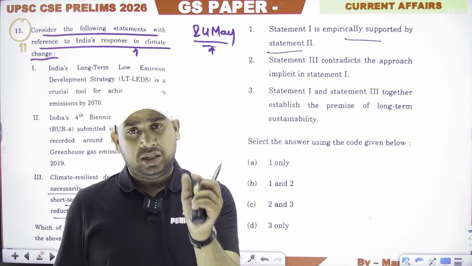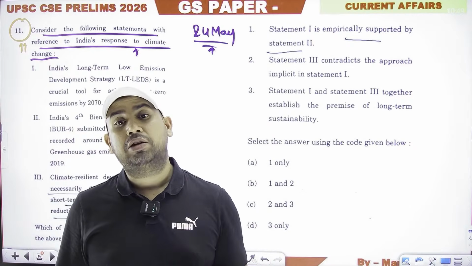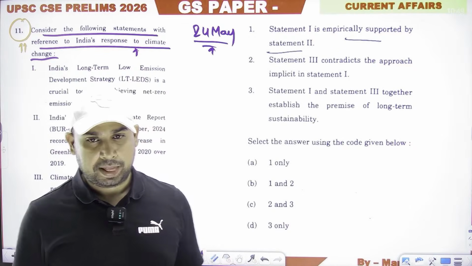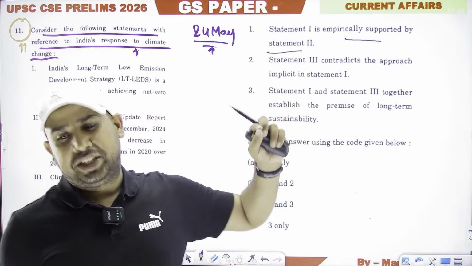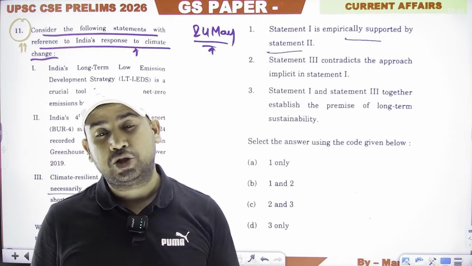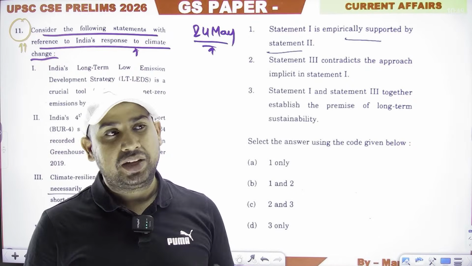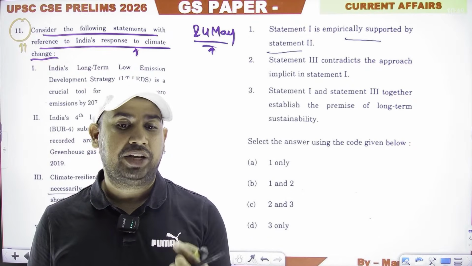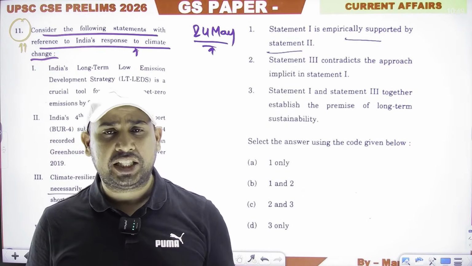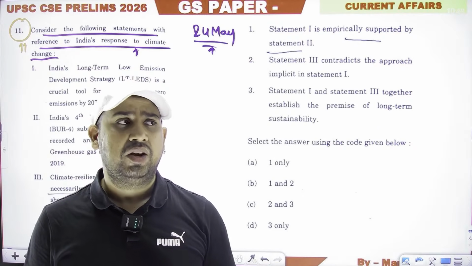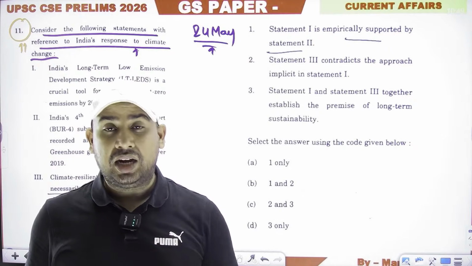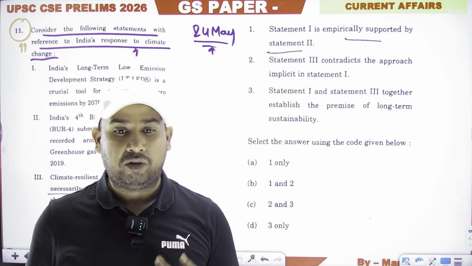Under that, the first statement says that by 2070, India wants to achieve the target of net zero carbon emission. For climate change, what is the main issue? Climate change is due to the enhancement in greenhouse gas emissions, and there are different greenhouse gases which are very harmful for our environment. As you know, greenhouse gas is a very essential thing. Due to the presence of greenhouse gases, this earth is a habitat for humans, for life.